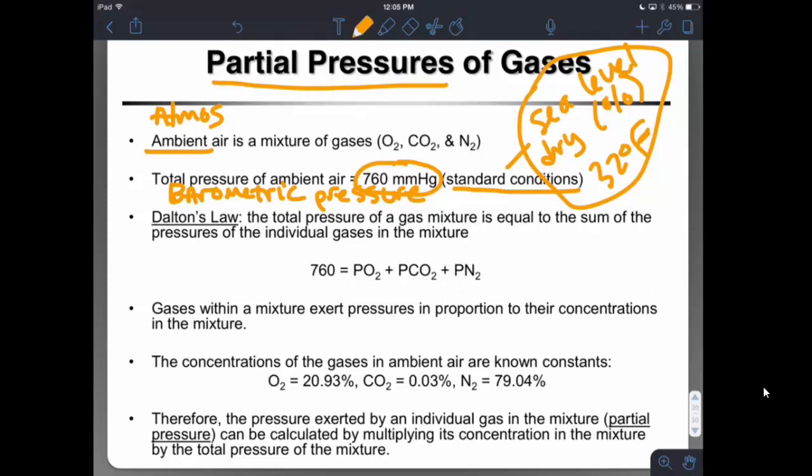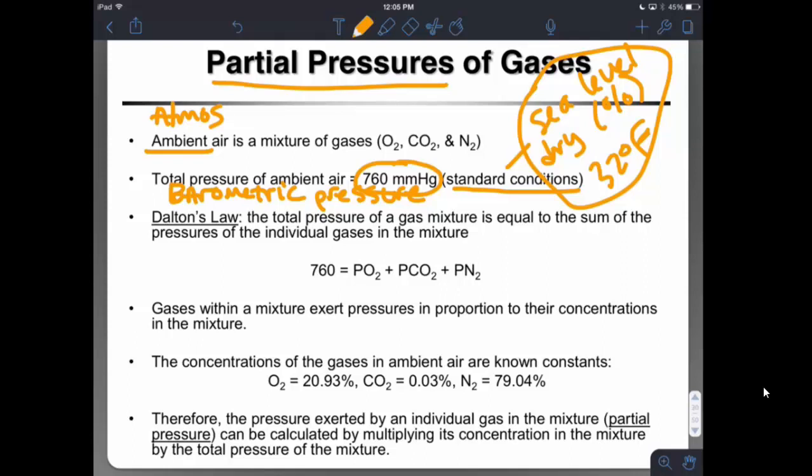If you were at sea level with no humidity and it was exactly 32 degrees Fahrenheit, the pressure in the atmosphere would be 760. Then we start from there and talk about how this pressure would vary under different conditions. But for our example, we're going to assume that the pressure in the air is 760.